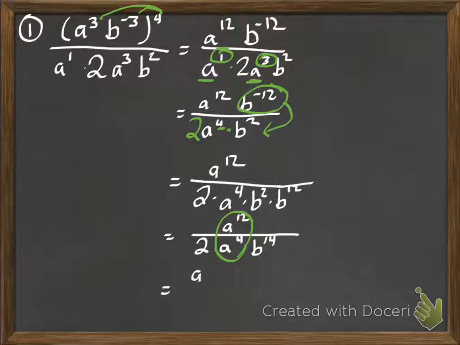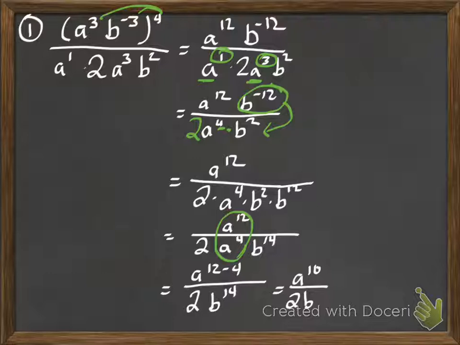And so the quotient says that I am going to subtract and put it where the exponent is the largest. Which means I have a to the 10th over 2 b to the 14th. Yes, it would be 8. I was thinking I was subtracting 2.